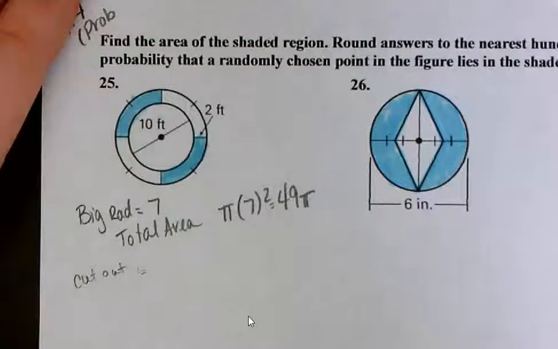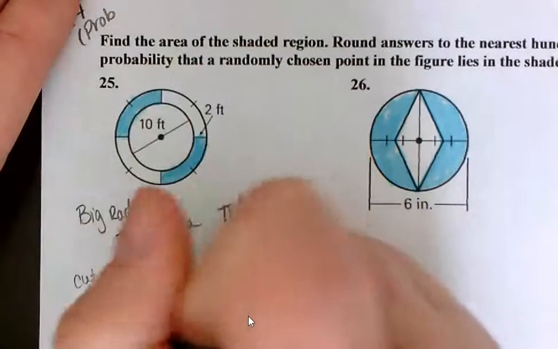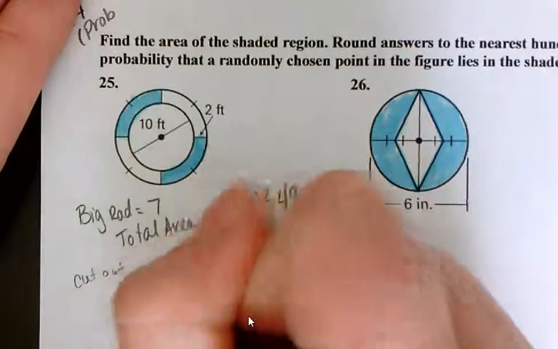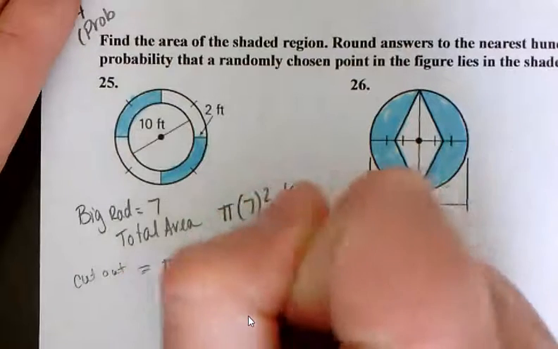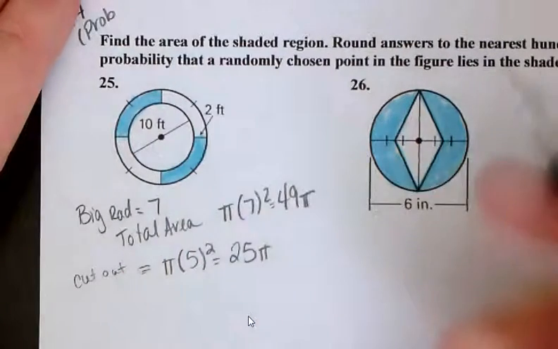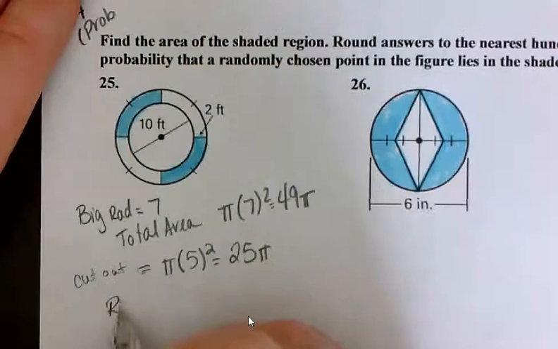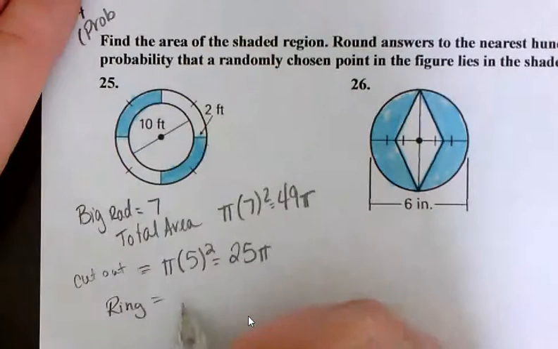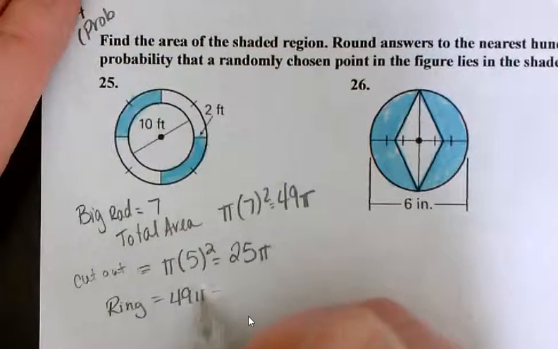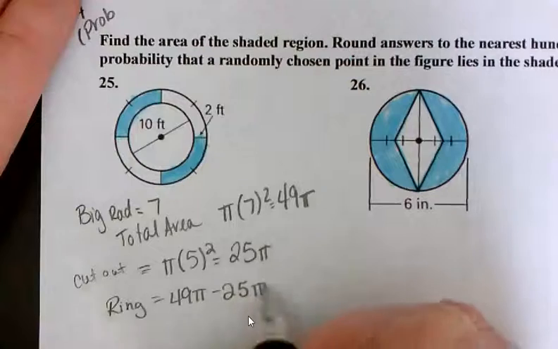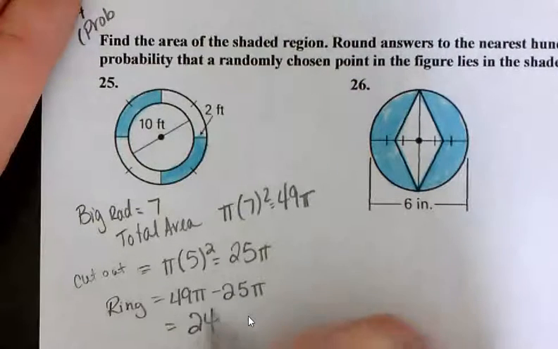There we go. Cut out equals pi times 5 squared, which equals 25 pi. So if I take 49 pi minus 25 pi, that leaves me the ring. So the ring equals 49 pi minus 25 pi, which equals 24 pi.